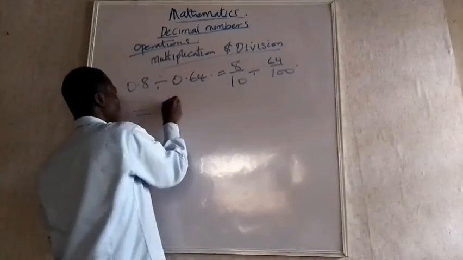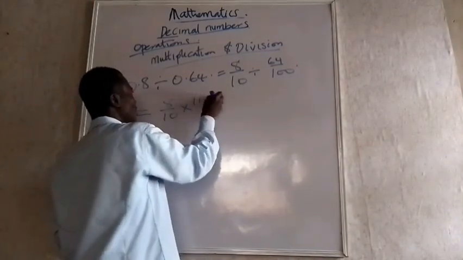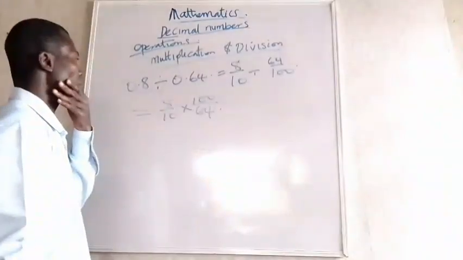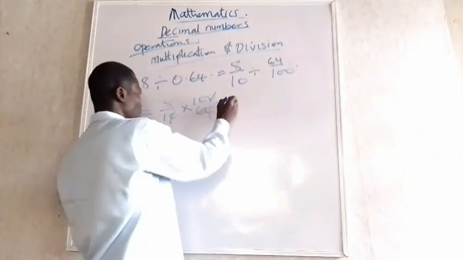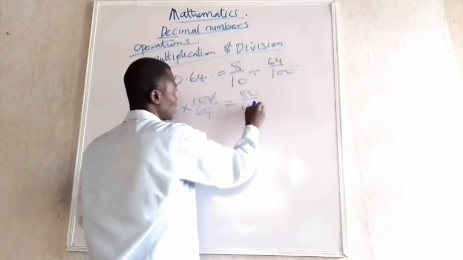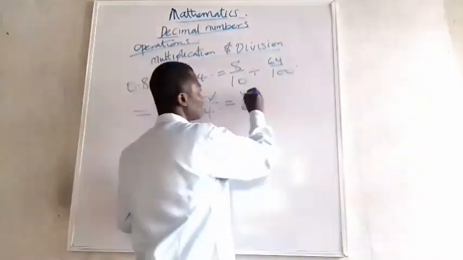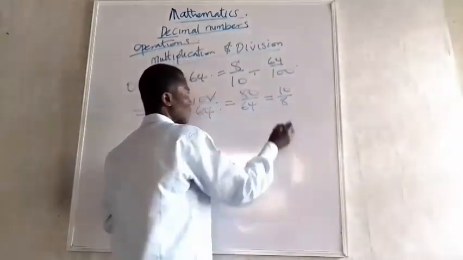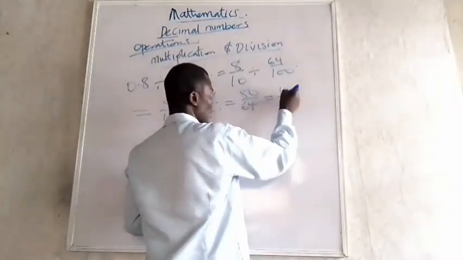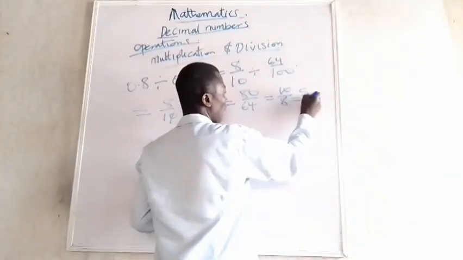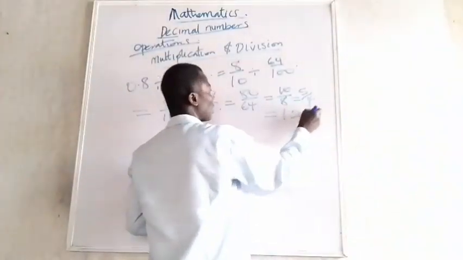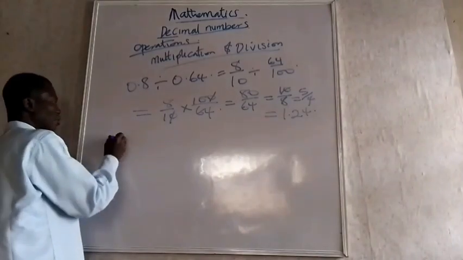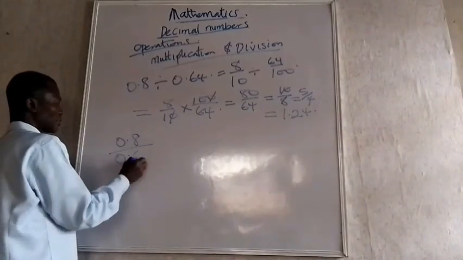And that will give you 8 over 10 times 100 over 64. That is 80 over 64. You continue, 5 over 4, and that gives me 1.25. You see? Or you can say 0.8 over 0.64 straight.